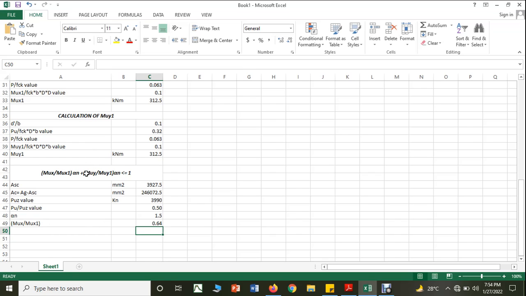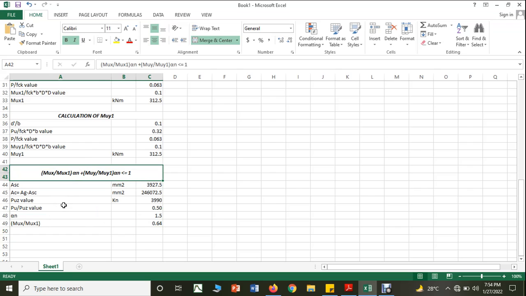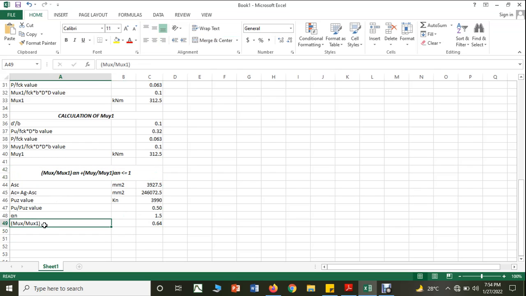Then similarly, Mux by Mux1 to the power alpha n.